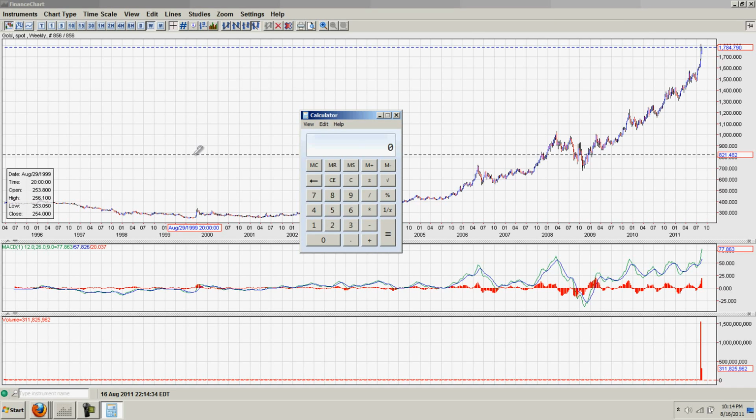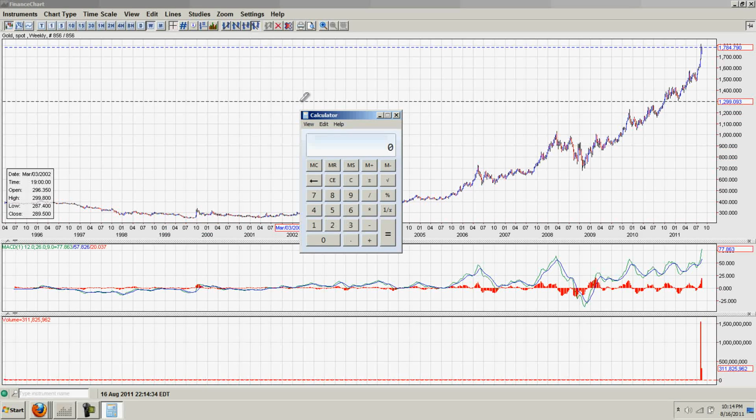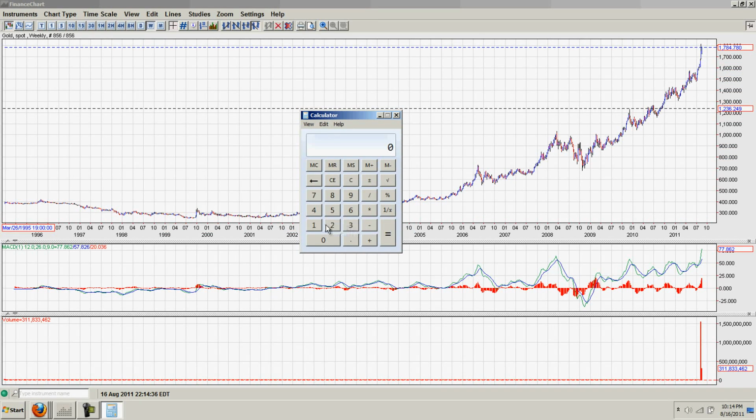We know that we mine in the world about 100 million ounces a year. So what do we get when we do 10 billion divided by 100 million?